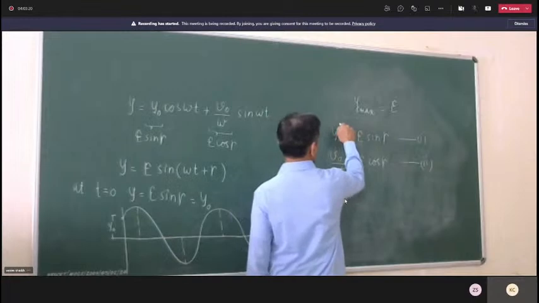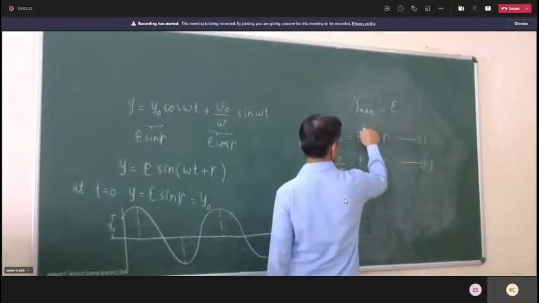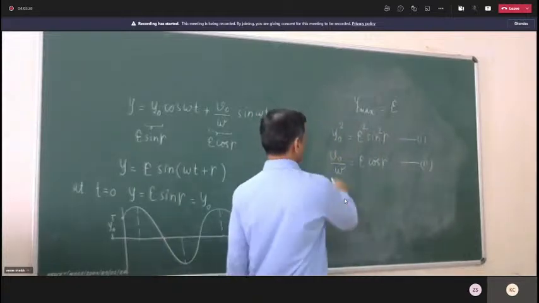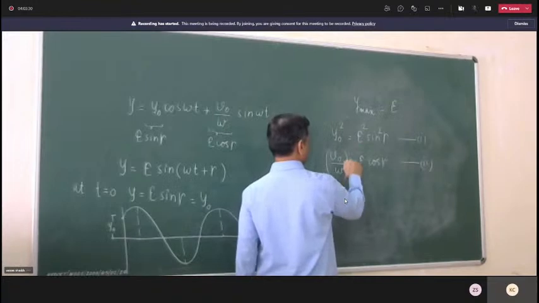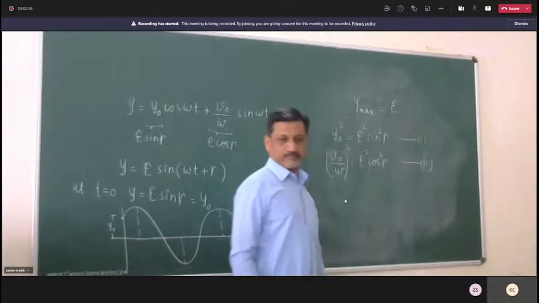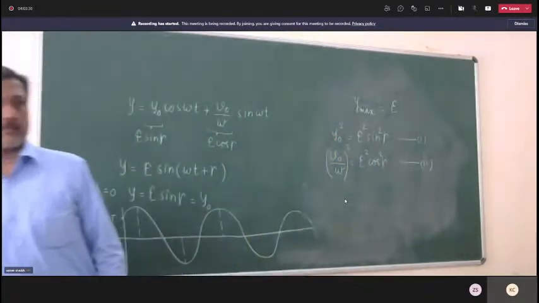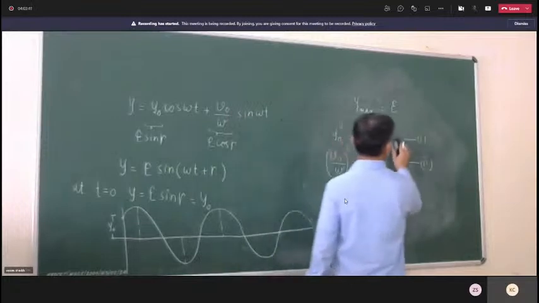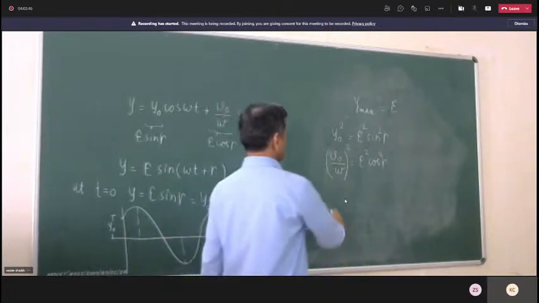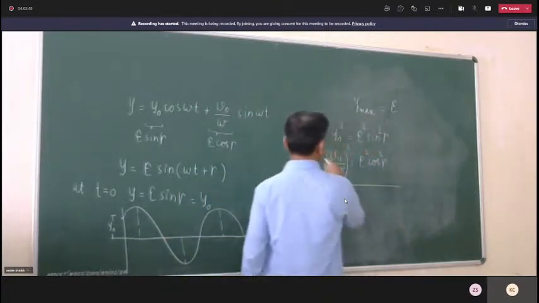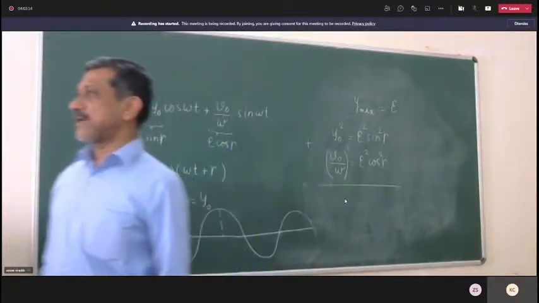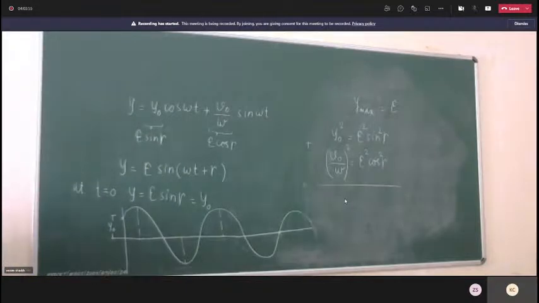We get y0 square is equal to E square sin square gamma. Do it on the next line. Similarly, (V0 upon omega) whole square is equal to E square cos square gamma. Square and then add them. This equation plus this equation. So you have to add left hand side and right hand side independently.